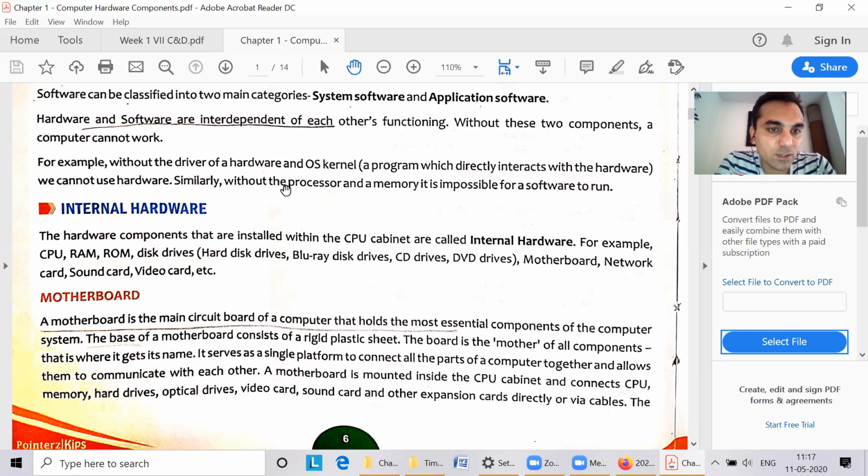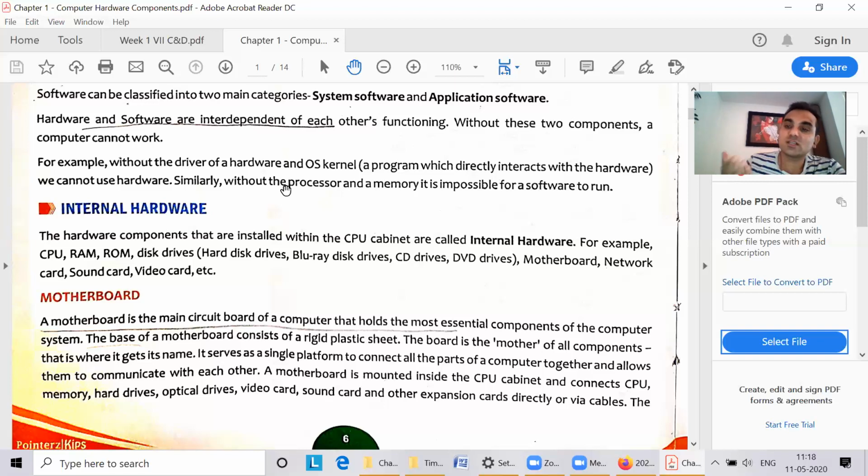For example, without the driver of a hardware and OS kernel, a driver is a system software which helps us connect some external hardware to the computer. Like a printer: when you connect it, the drivers of the printer help the computer when it gives the print command and the paper is printed.